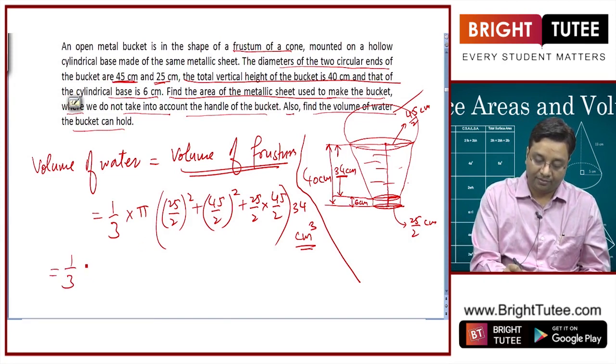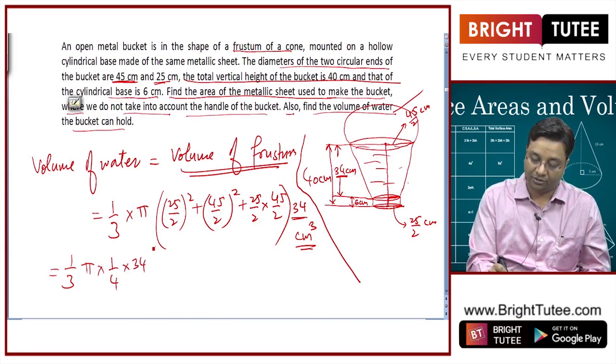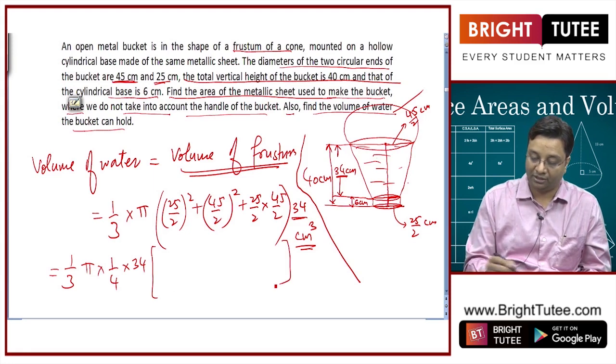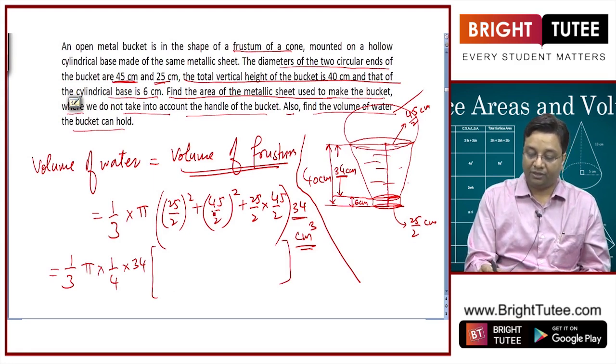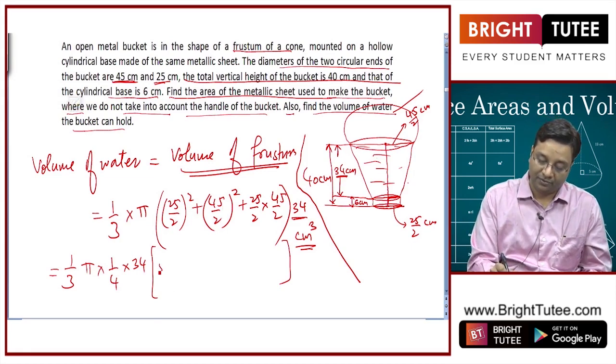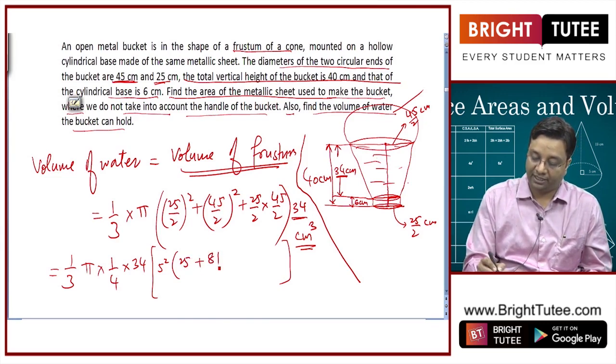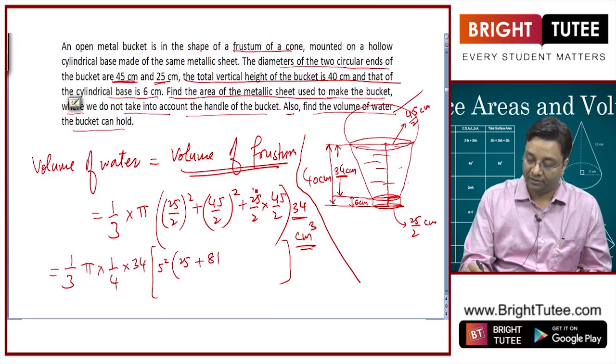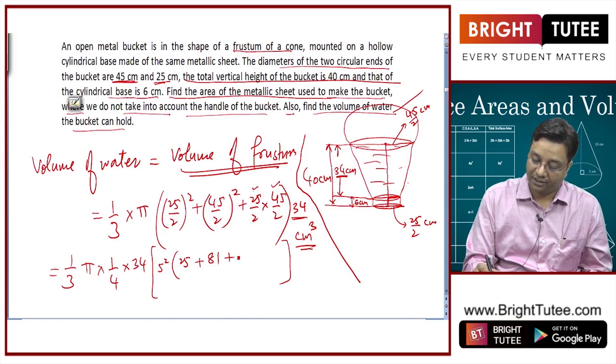1 by 3 pi, 1 by 4 can come outside and this 34 you can write here so that you do not forget it from the calculation, and 25 square plus 45 square can be further simplified by taking 5 square as common. So you can take 5 square here and 5 square will give you 25 here, 9 square will give you 81 here. 5 square we have taken as common, so 5 from here and 9 from here will give 45 here.